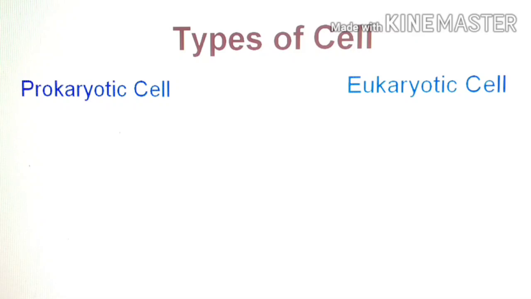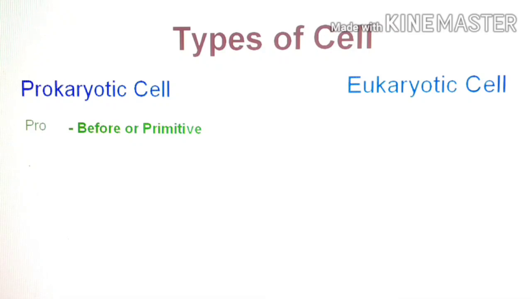And dear friends, the words prokaryotic and eukaryotic are taken from the Greek. Pro means before or primitive, means not properly developed, they are primitive.